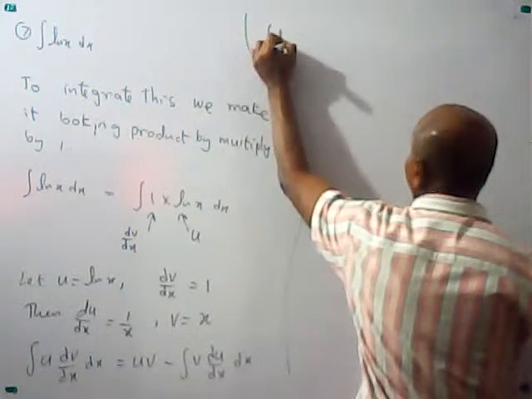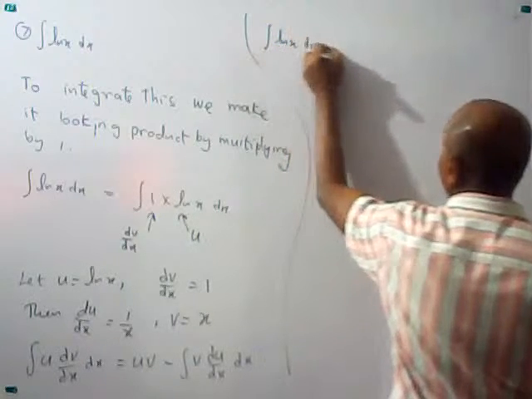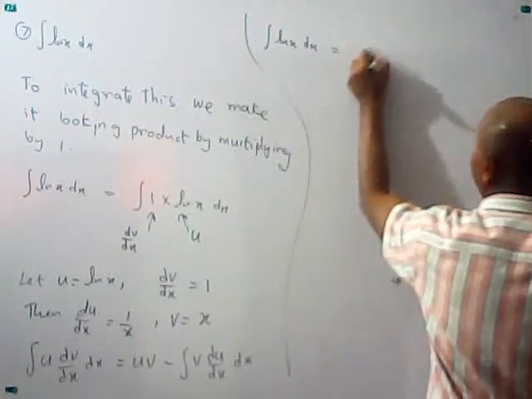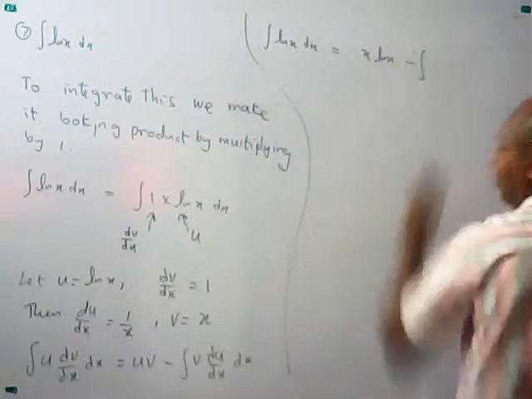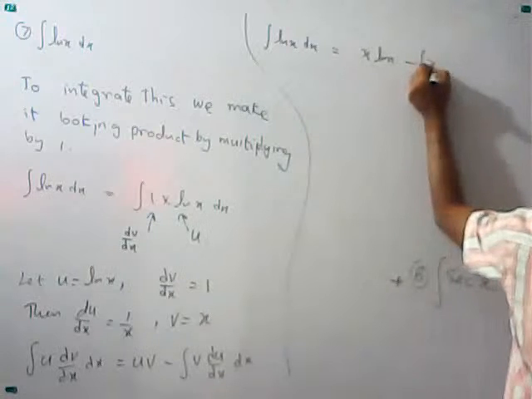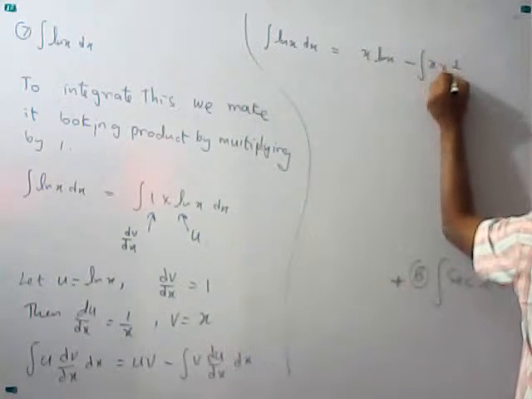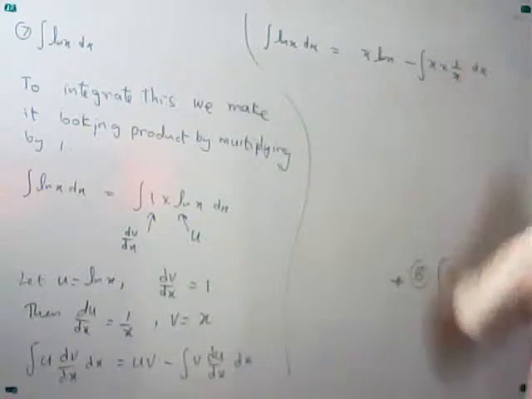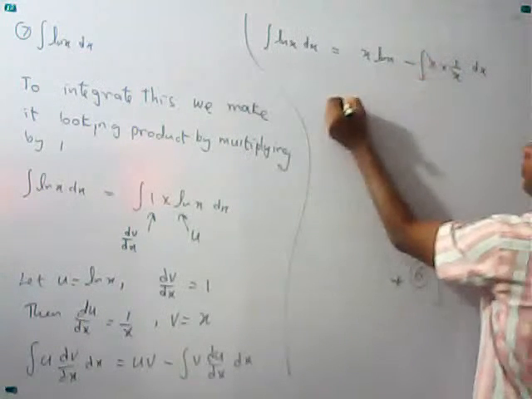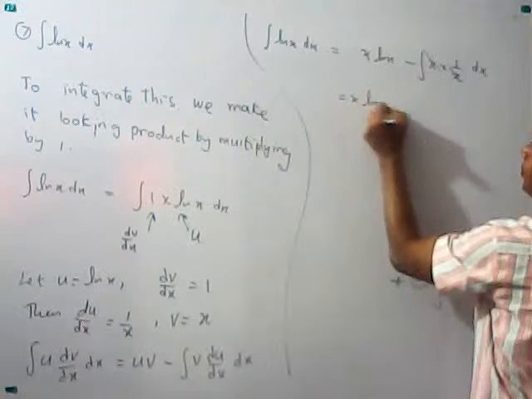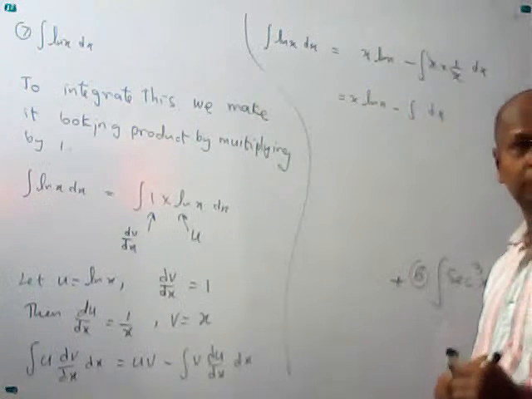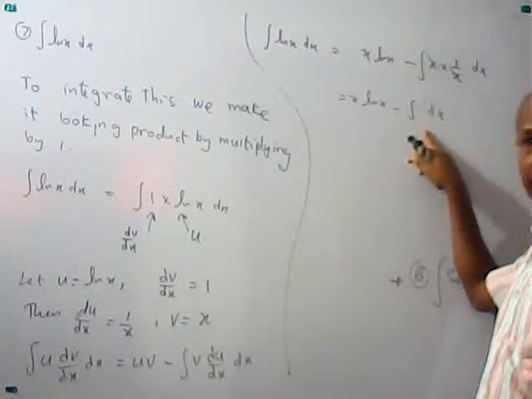So the integral of ln x dx equals u v, x ln x, minus integral of v into 1 over x dx, which is 1 into dx.